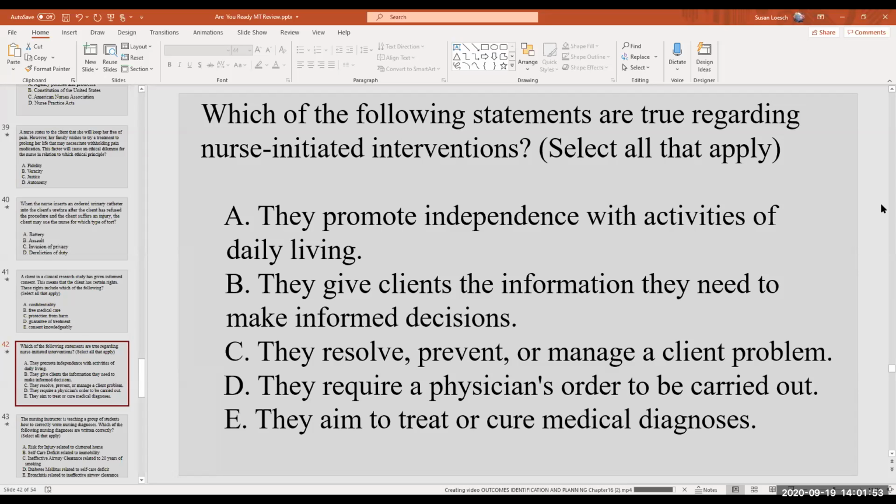Let's see, they resolve, prevent. It should be more than one. That's one, it's A and C. Okay, it's actually A, B, and C. Okay, makes sense.